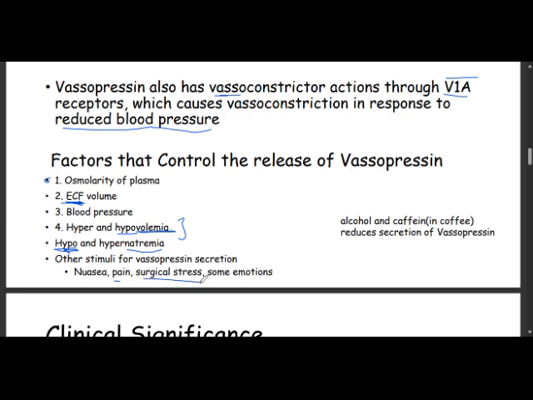Surgical stress, when a person is undergoing surgery, the body usually releases some stress signals, because there is some volume of blood that is lost here and there. So that sends signals to release vasopressin so that you can reabsorb some water from the kidneys as well.